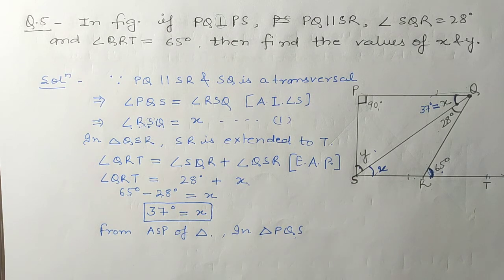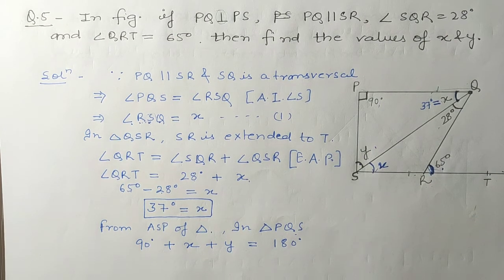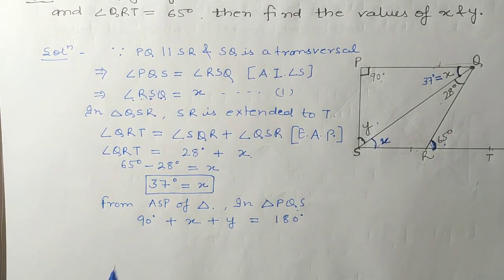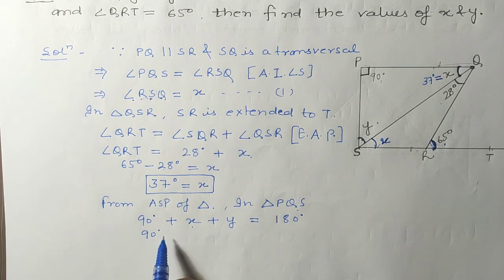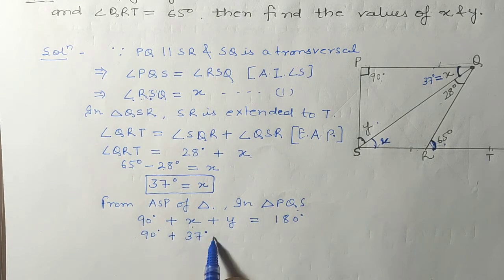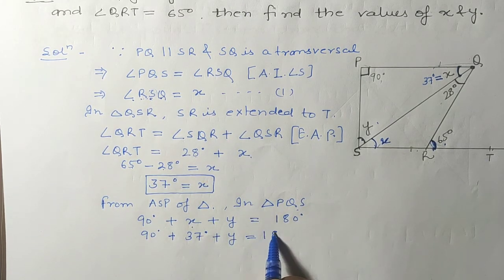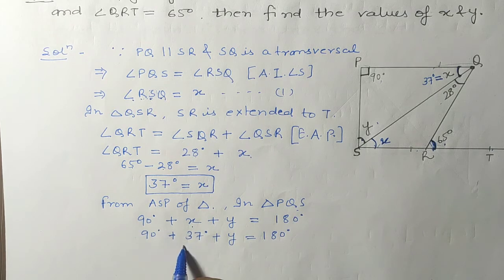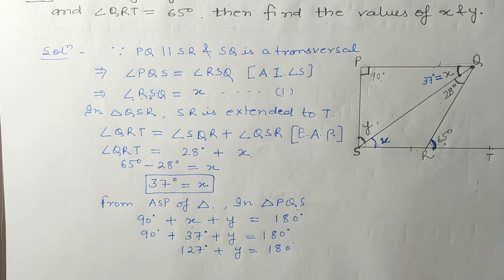In triangle PQS, 90 degree plus X plus Y, the sum of these 3 angles should be equal to 180 degree. The reason we have written here is the angle sum property of a triangle, so we need not write it again. Now we have the value of X also, that is 90 degree plus 37 degree plus Y is equal to 180 degree. Now 90 plus 37 is 127 degree, plus Y is equal to 180 degree.